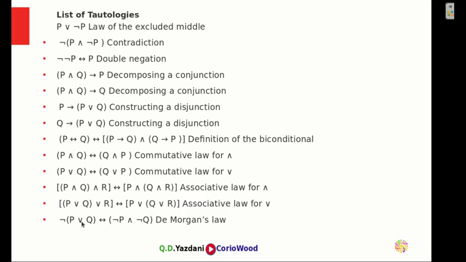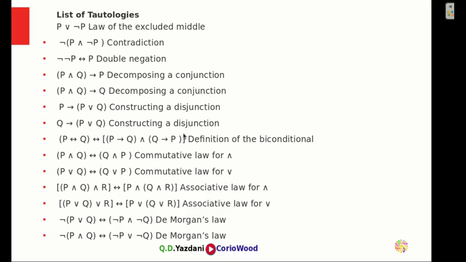And we will see the other way around, where this one is and and the other is or: not (P and Q) if and only if not P or not Q, is also De Morgan's law.